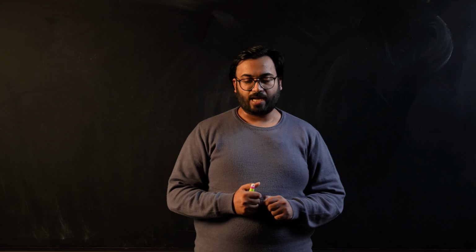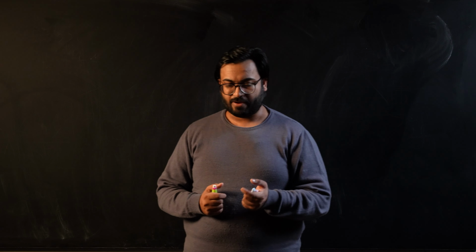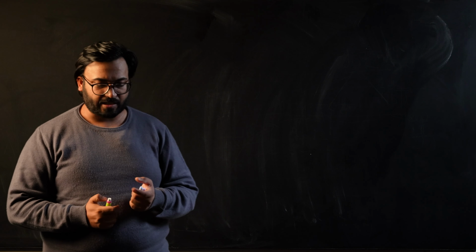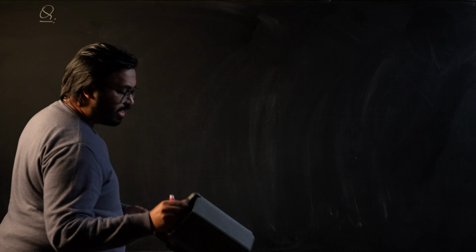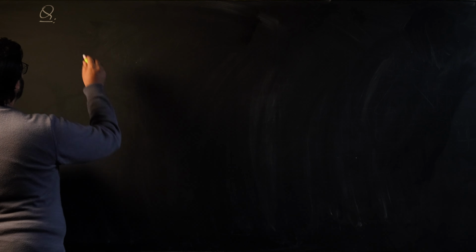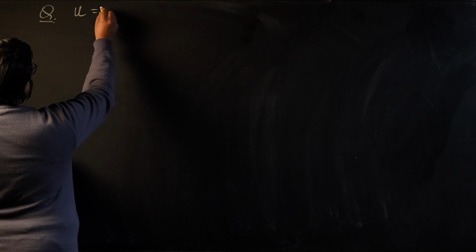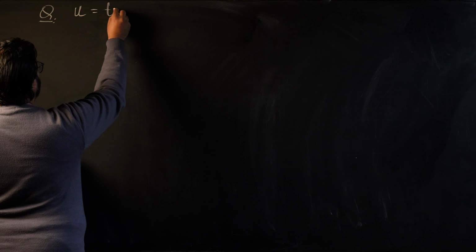So let's begin. I'll start with the first part. It's integration by substitution, basically. So let me start with the main equation, first of all. We have to take the substitution u is tan x.